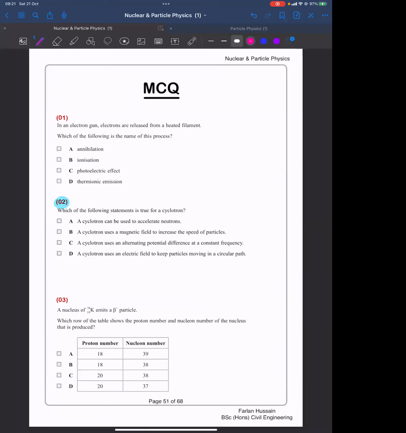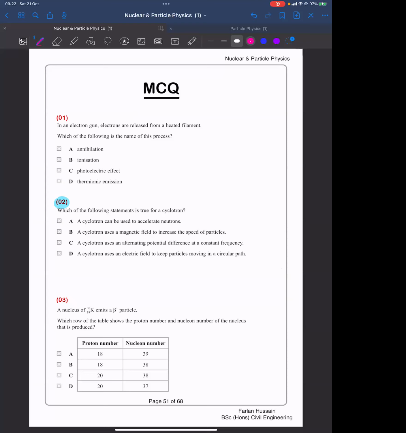One cycle has 2 passes, right? So aren't we doing part B, sir? Wait. First, we'll go through the MCQs and we'll get back to that.